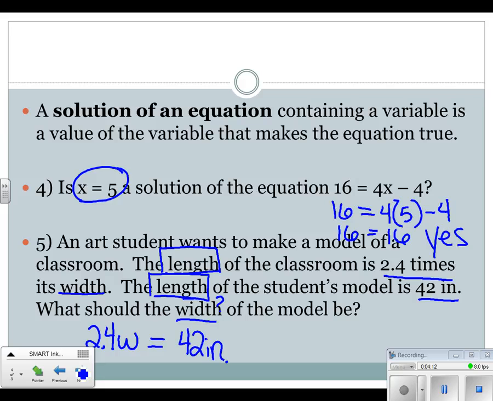And so we have our unknown, our W, in our open sentence, so we can figure out our W. 2.4 times what value gives us that 42, essentially is what we're looking for. So our width is 17.5 inches. So we took a word problem, wrote the open sentence, and then solved.